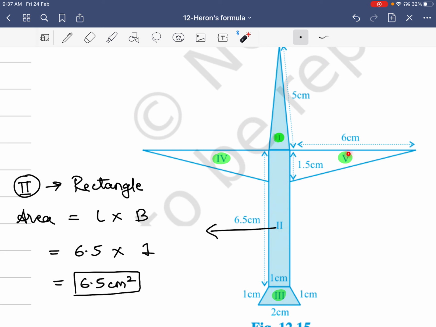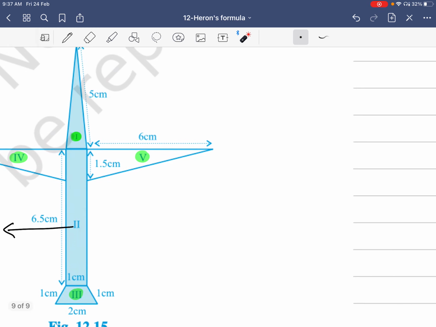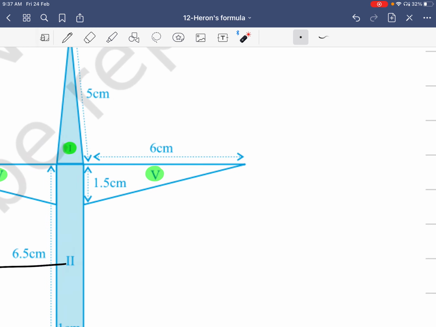So let's focus on this figure 5. Let's come to this side. As you can see in this figure, this is a right angle triangle. This angle is 90 degrees, which means if this is the base of our triangle, then this will be the height of the triangle. If you have the height and the base of a triangle, then we can easily calculate the area.